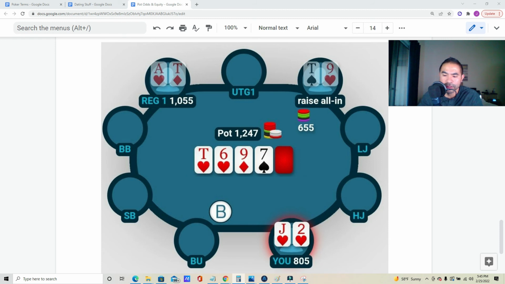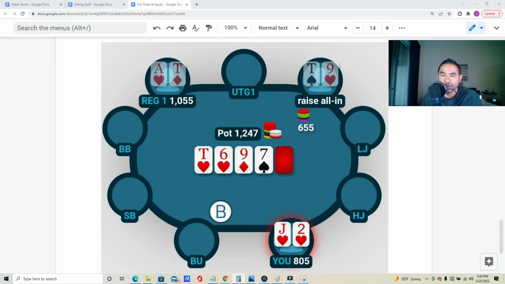Hell, let me do it anyway. So 1250 plus, if I can type correctly here, 1250 plus $20. So 20 divided by 1270 gives you need equity at 1.5%. In that case, you can call it off because your 24% is greater than 1.5%.